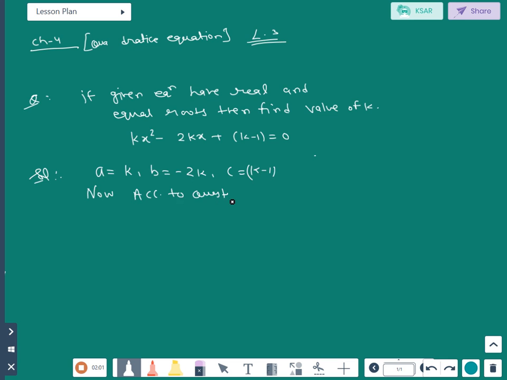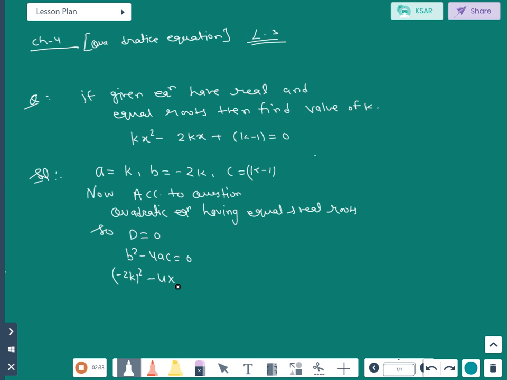Now according to the question, the quadratic equation has equal and real roots. So D equals 0, b square minus 4ac is equal to 0. b value minus 2k whole square minus 4 into k minus 1 is equal to 0.